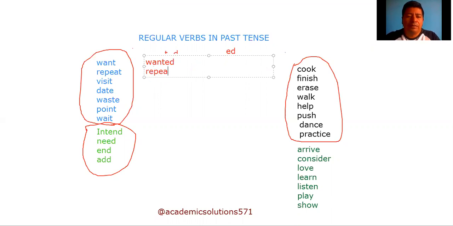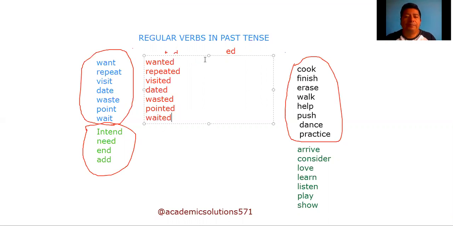I'm gonna write them first. So here they are. What happens when we pronounce them? They sound the letter E and the D. They have to make the sound.